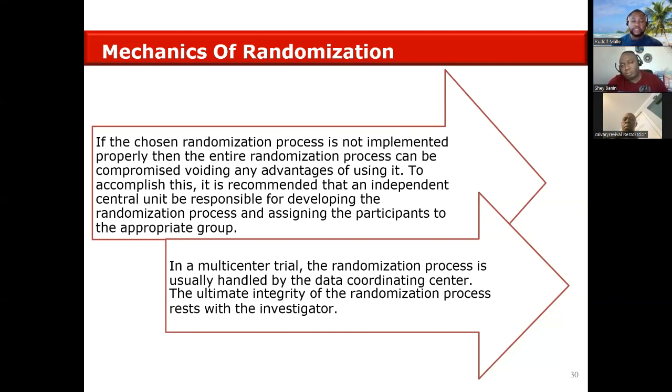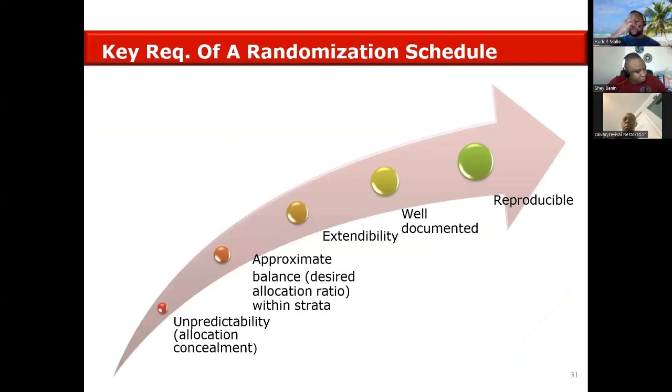As soon as the randomization process is jeopardized, that's why it's very important for sponsors to take a very critical look at what randomization process they're choosing for the study. Because as soon as they choose something that is not congruent with their statistical expectations, then it just misses the entire randomization process. And if that happens, they may have to put the study on hold until they figure out which method will be used properly for the effective conduct of the study.